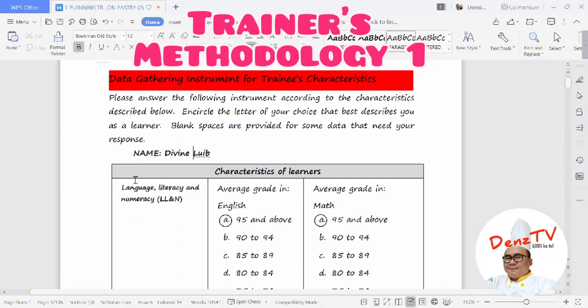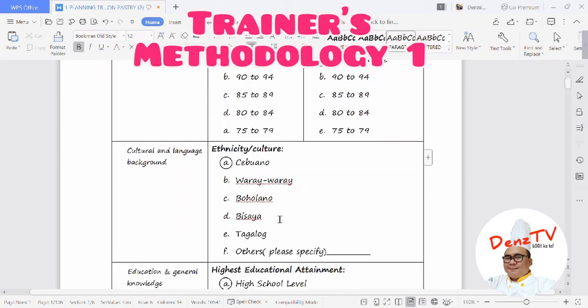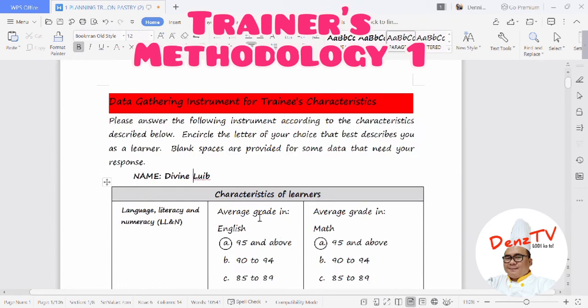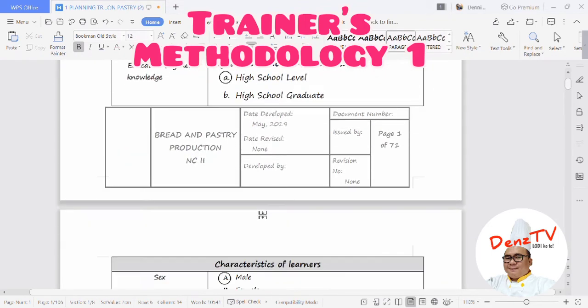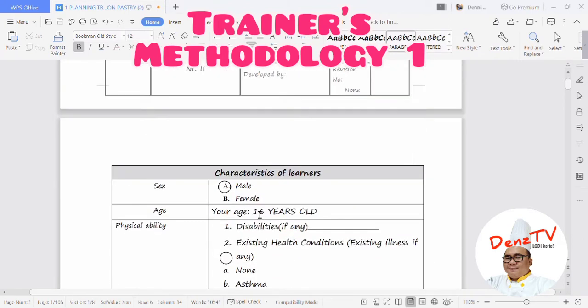Miss Divine Luib will answer all the characteristics of learners below.